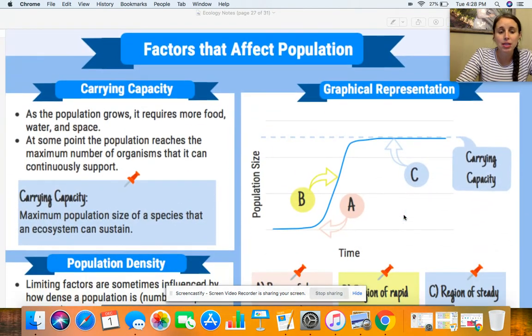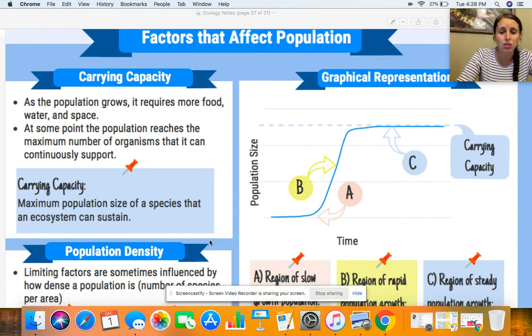Now we want to talk about this idea of carrying capacity. So carrying capacity, let's take a look at what the definition is first. Carrying capacity is the maximum population size of a species that an ecosystem can sustain. So carrying capacity is the maximum population size of a single species. This is because at some point a population is going to reach a maximum number of organisms that it can support.